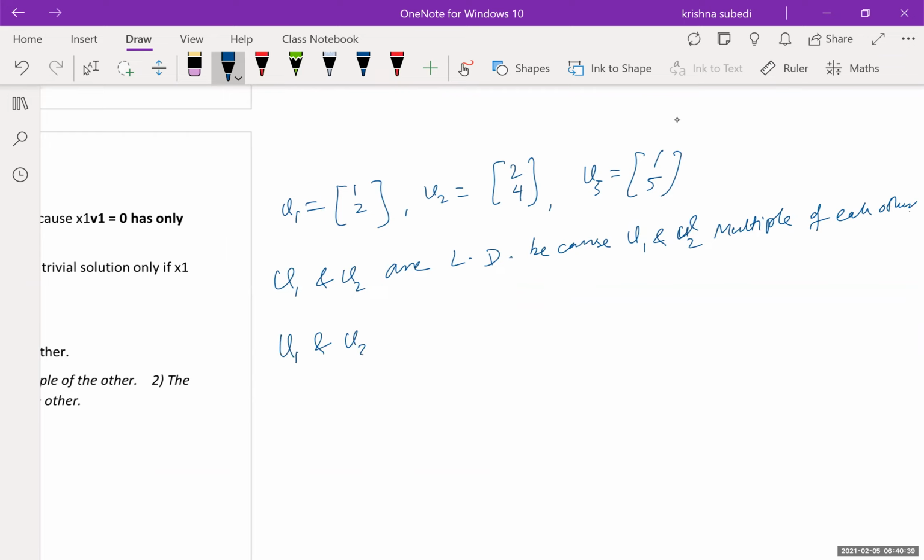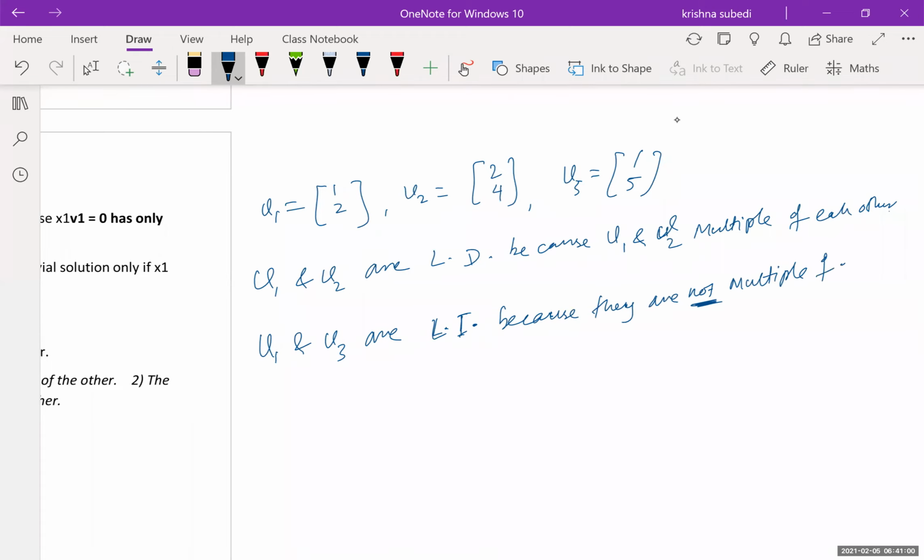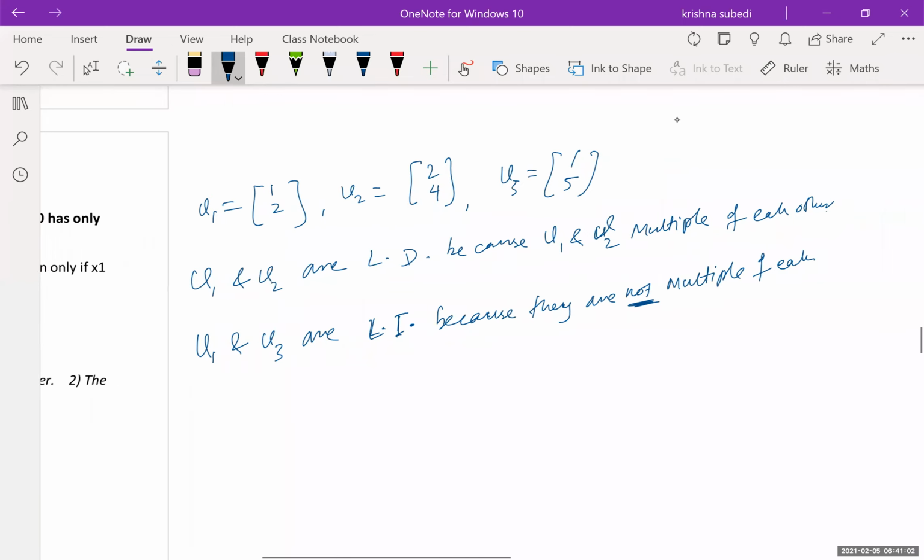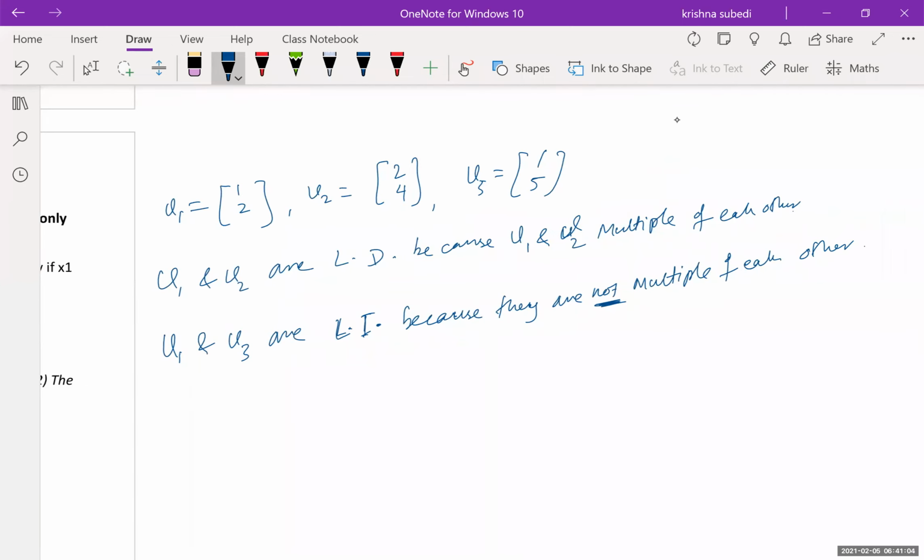V1 and V3 are linearly independent, I'll write LI, because they are not multiples of each other. Remember, they are not multiples of each other. It's that simple.